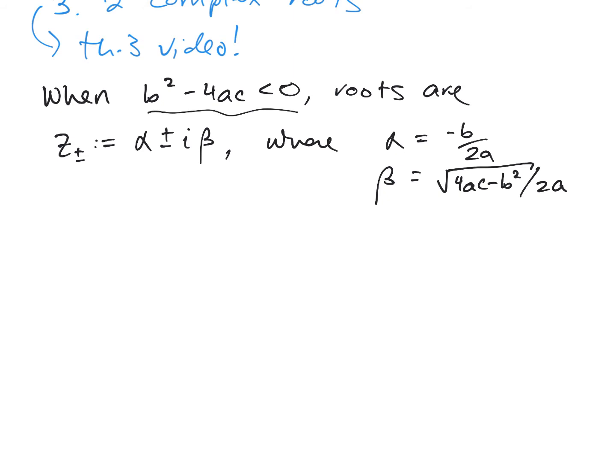So, based on the last section, we would think the solutions to our differential equation are e to the z plus or minus t. And the problem with that is that we want real solutions.